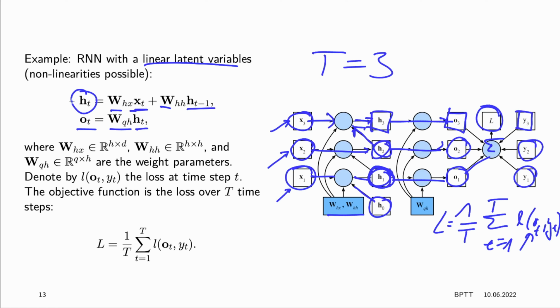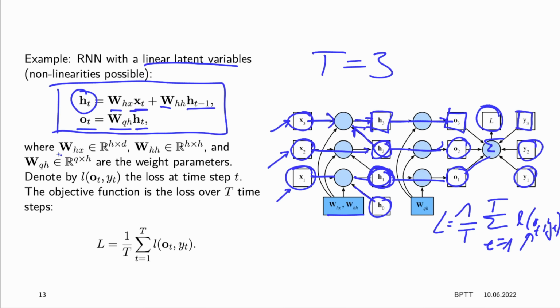So we have this linear recurrent neural network. In principle, you could do the same thing with nonlinearities. The computational graph would look the same, but for the sake of simplicity, we keep it all linear. We have 3 weight matrices: W_hx, which has dimensionality equal to the number of dimensions of the hidden variable times the number of dimensions of the input.